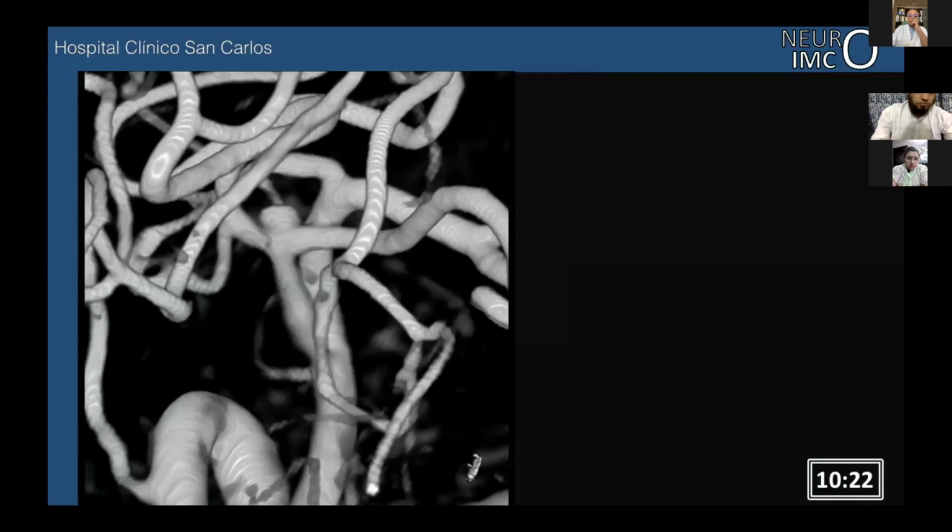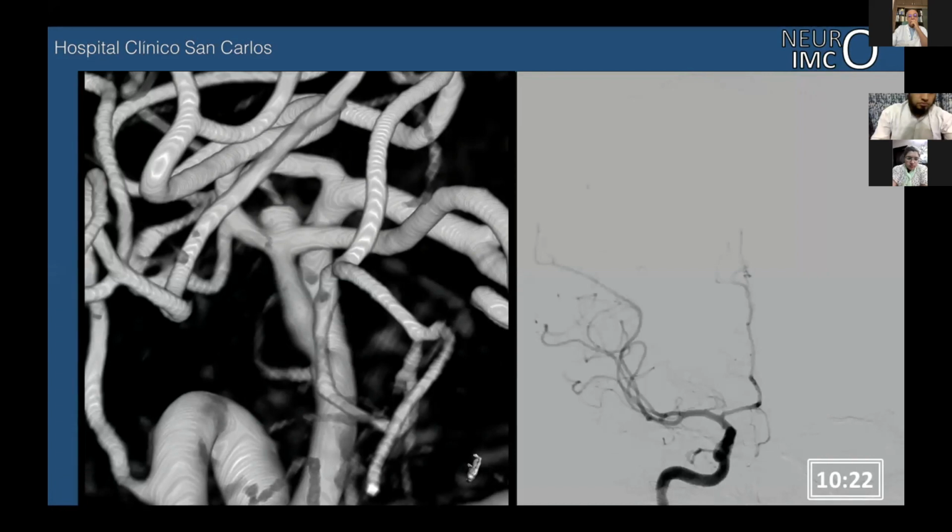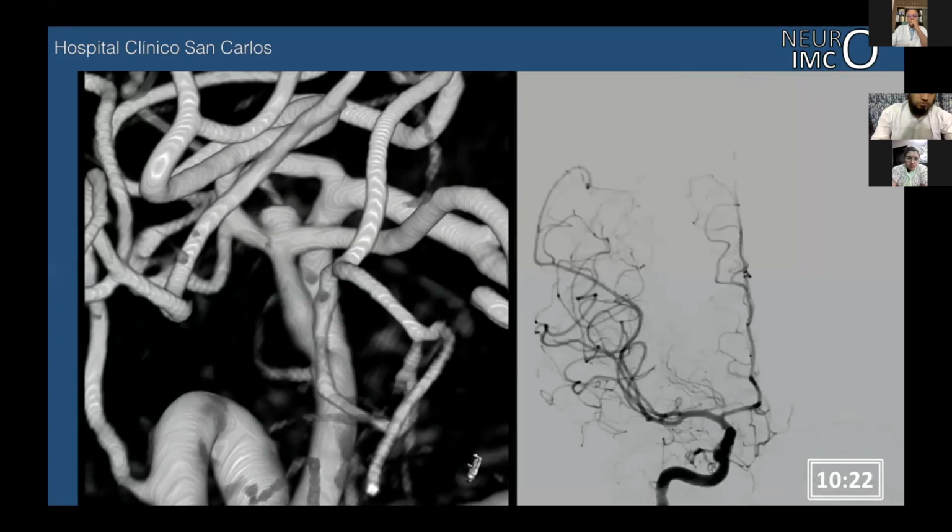This is the working projection. This is the middle cerebral artery. This is M2, and this is the aneurysm. This is the angio, a very small aneurysm before.